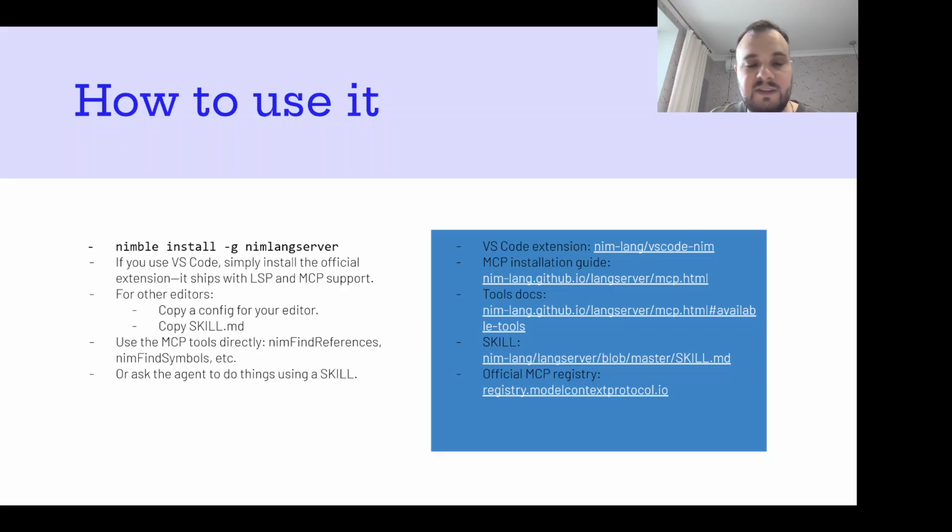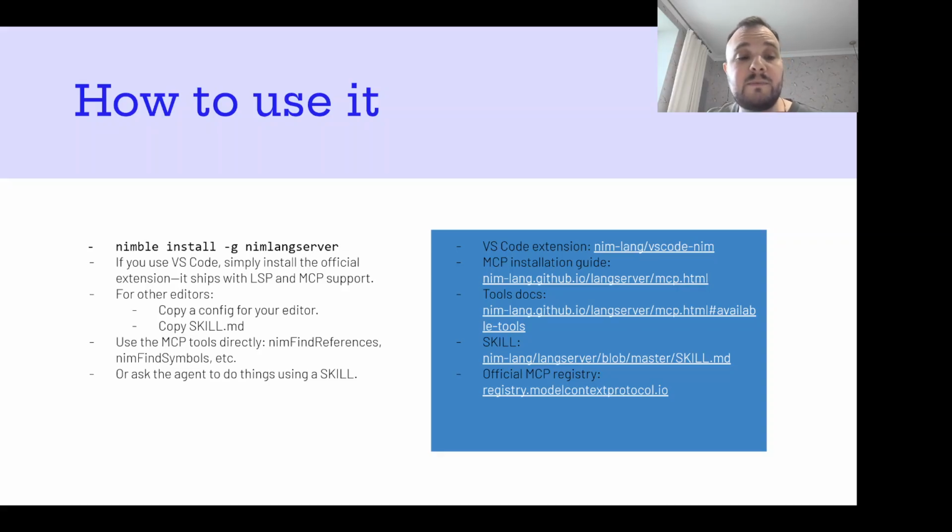For other editors, it's a bit more laborious, but nothing special. You just copy a configuration file for your editor from the repo, and you copy the skill.md file, which tells the agent how and when to apply the MCP tools that are provided by this MCP server.